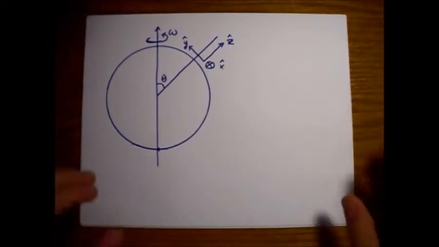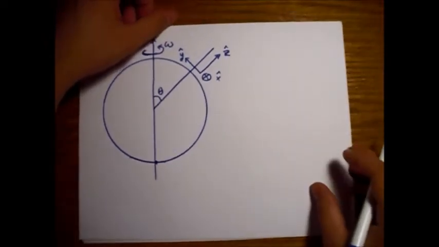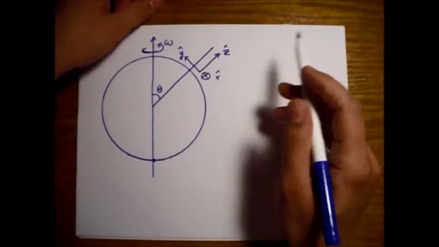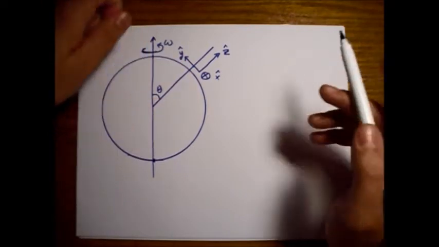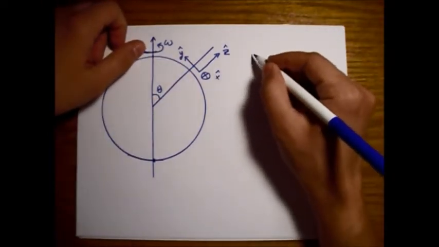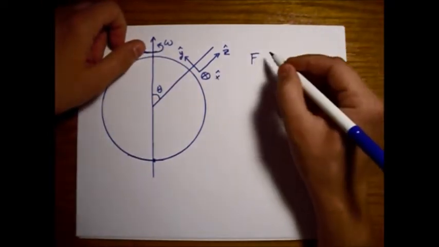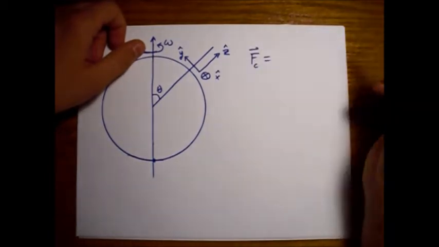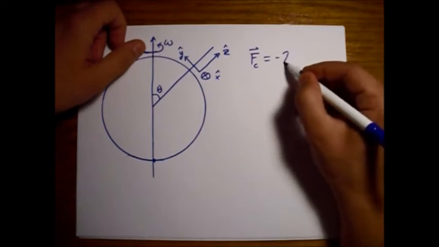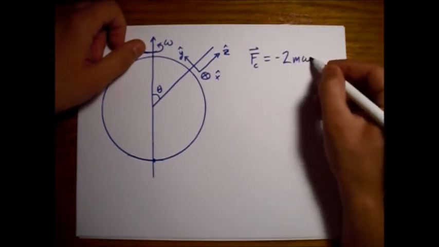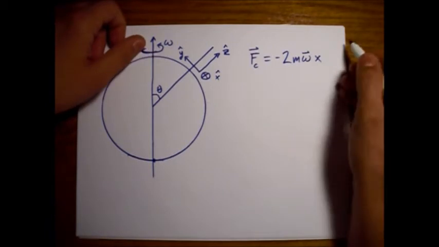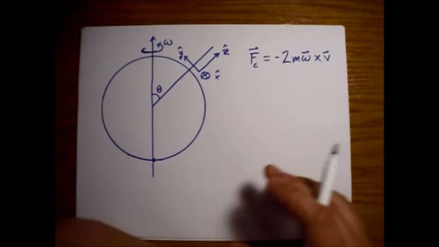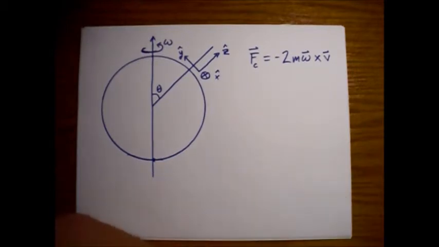Alright, so first of all, we need our equations of motion. At this point we're just looking at the Coriolis force, and that's minus 2m omega cross the velocity of our particle.